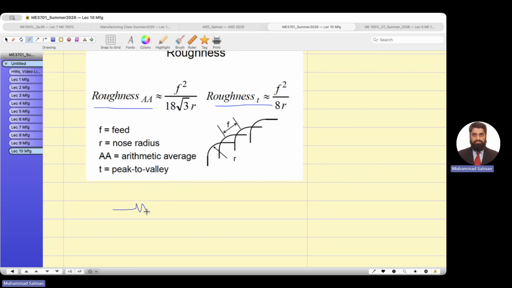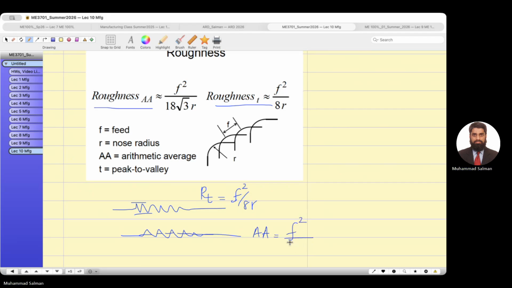If you cut with the tool like this and look from peak to peak, I would say the total roughness is f squared over 8r. If it is the average roughness, the arithmetic average is f squared over 18 square root of 3 r.